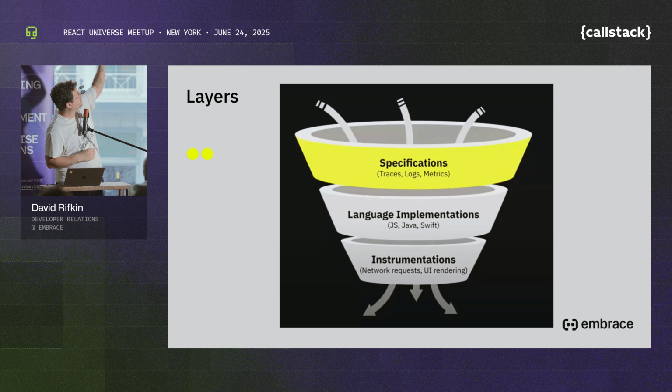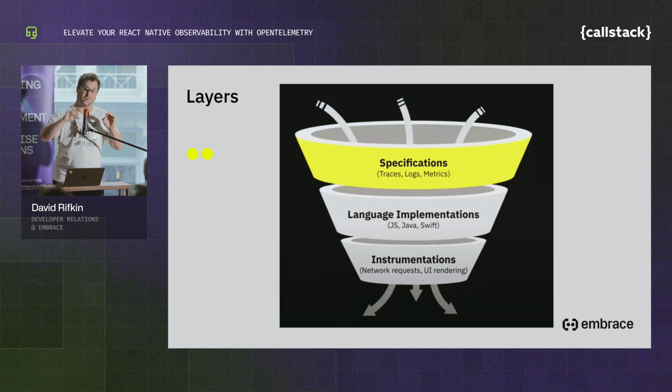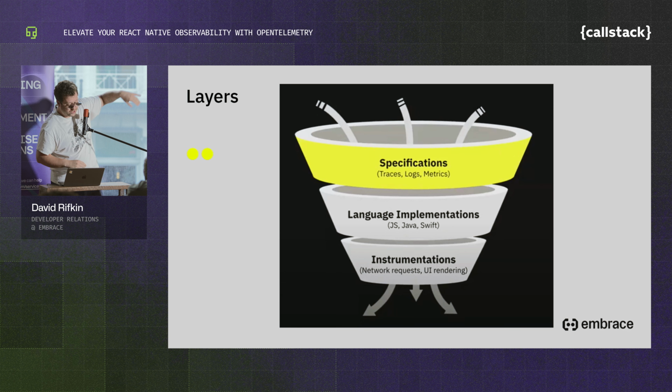We're going to get right into this funnel. The top of the funnel, specification, this just gives shape to the tools. So when you're using OpenTelemetry, an application is translating the app activity into signals that'll be transmitted. And all of those activities are shaped in a specific way. So we listed here traces, logs, metrics. If you're not familiar, those are the main signals for now. Those are the tools.